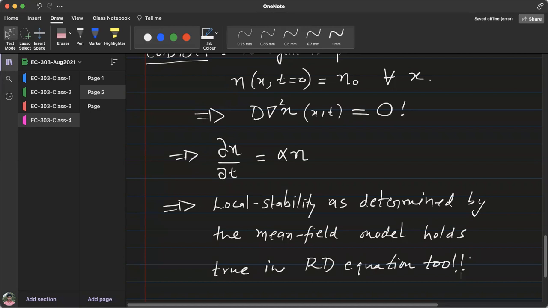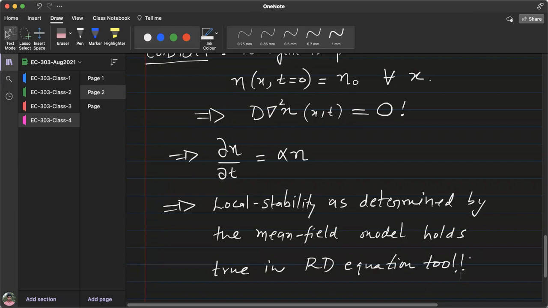Of course, in some sense, this is very trivial. By considering a homogeneous equilibrium and then a homogeneous perturbation, I have practically made the diffusion term redundant in all of the calculations, right?